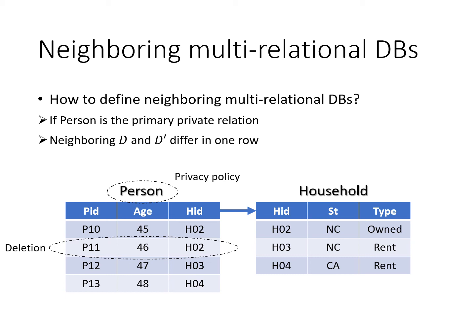If the person relation is specified as the primary private relation, then the neighboring databases differ in only one row, since removing one row in the person relation only removes one row.